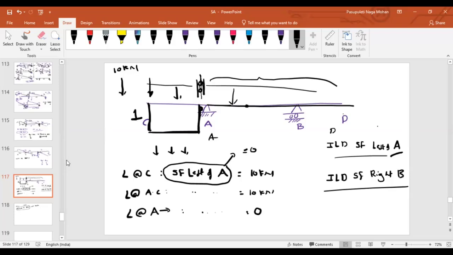As this joint is a free end, if I try to pull this in the downward direction, this entire beam will slide down by a magnitude of 1. As for the continuity of the slope, this is still horizontal, so the slope is 0, and here also the slope is 0. So this is what we will call the ILD for shear force to the left of A.